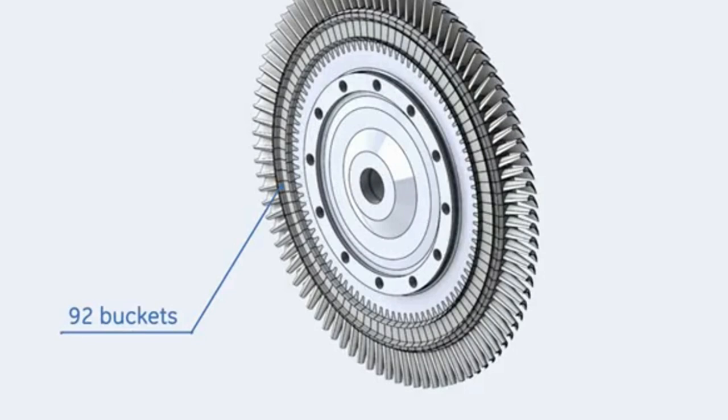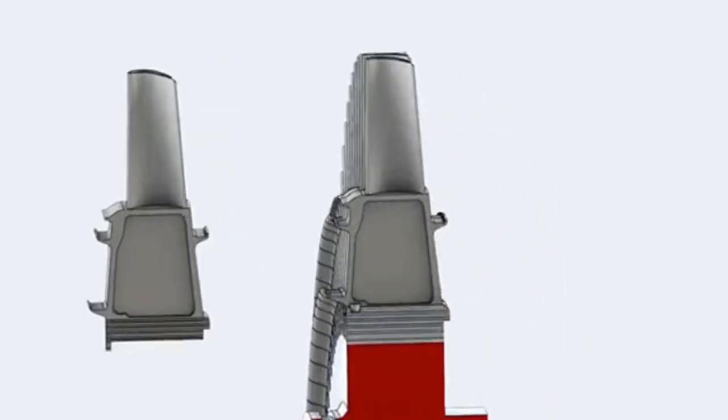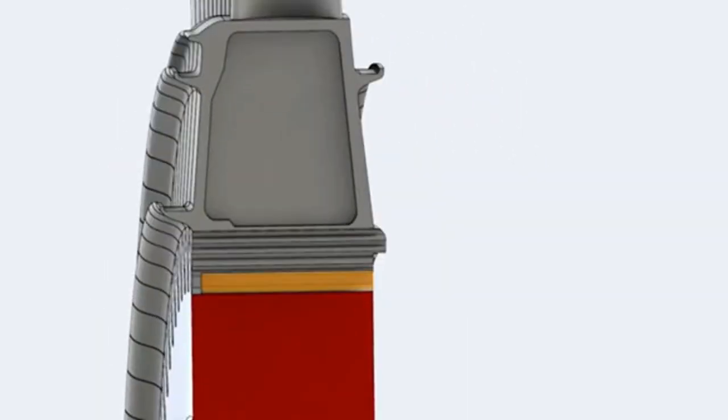Like the next 2 stages, buckets could be disassembled without rotor removal. Being the first part then encountered by the hot gases leaving the first stage nozzles, these buckets are protected by thermal barrier coating from outside and air-cooled from inside. When the bucket is attached to the wheel, a small air plenum is formed in between.